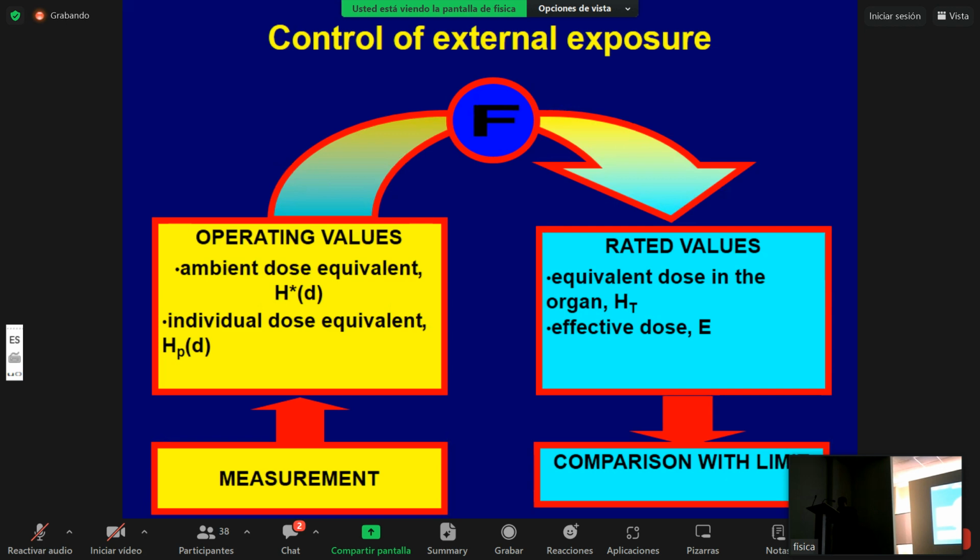At d equals 3 millimeters, these two values, H* and H_p, correspond to the equivalent dose of external radiation for the lens of the eye. And ultimately, at d equals 0.07 millimeter, these two values, H* and H_p, correspond to the equivalent dose of external skin irradiation.